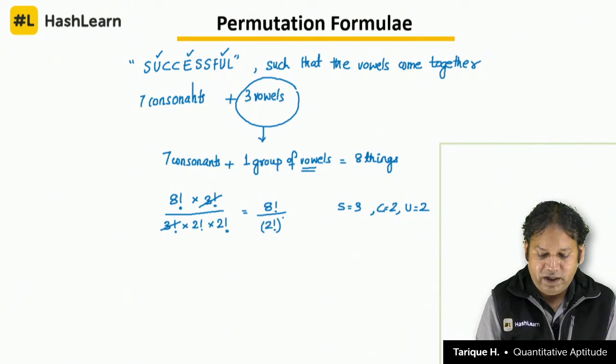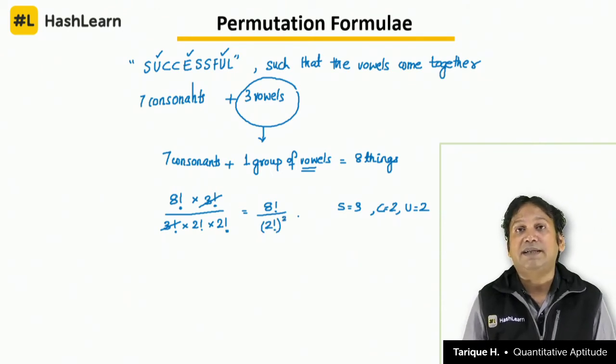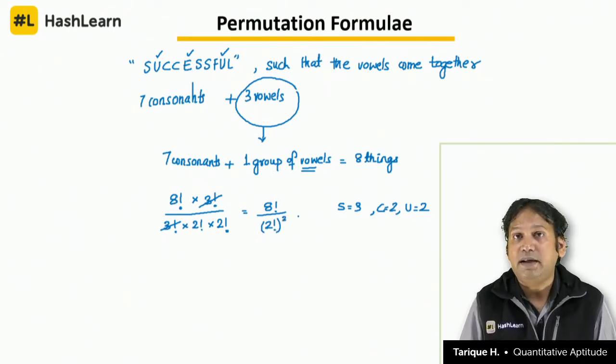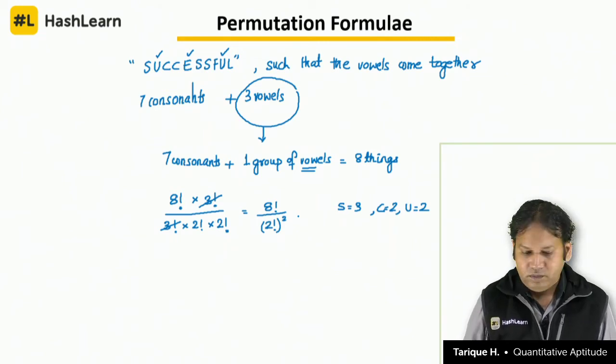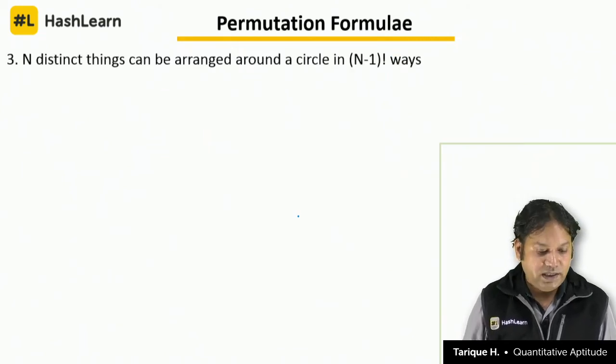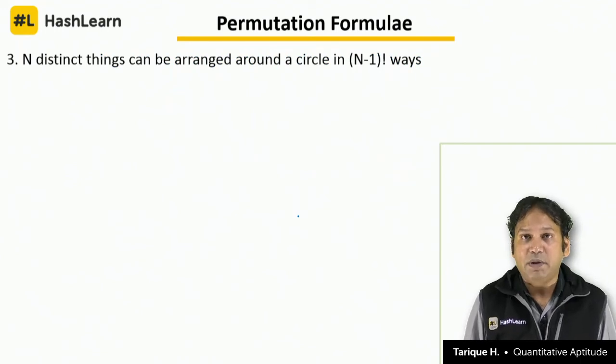So, these are the number of ways in which the letters of the word successful can be arranged such that the vowels come together, and this technique can be used for all such questions where some things are together.